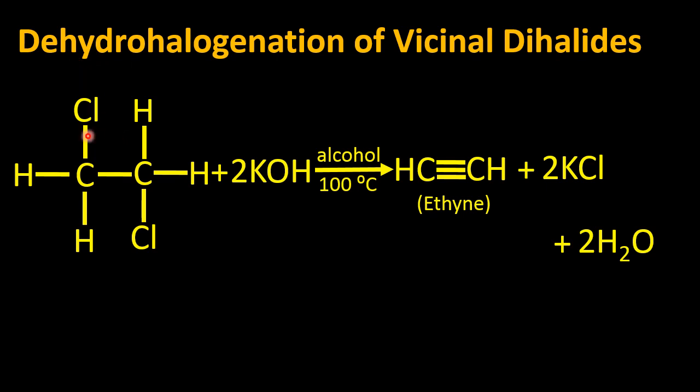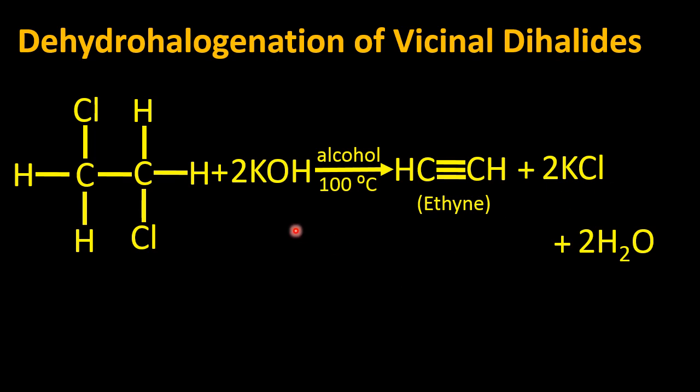So a bond will break from carbon number 1 and chlorine will be free to form a bond with potassium. On the second carbon, the chlorine will also break. So from both carbon atoms, chlorine will break and form a bond with potassium. As here we have 2 potassium ions and 2 chlorine ions, both will react together to give us potassium chloride.